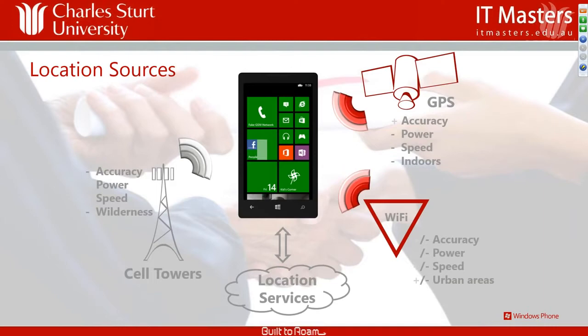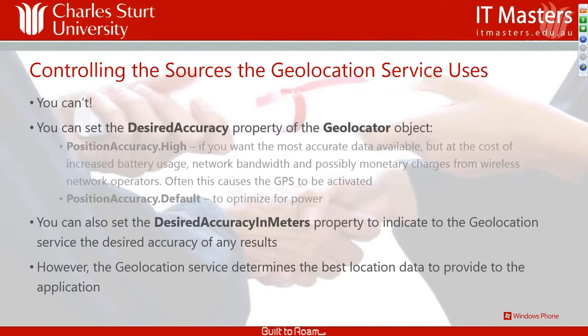So the location services provided by the Windows Phone APIs wraps all of that and provides us with a set of APIs where we can retrieve location. We can track location from within our application. Now, in terms of the level of control that you have for which location service is being used, well, the short answer is that you can't control it.